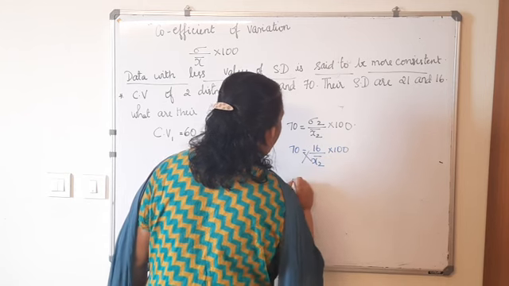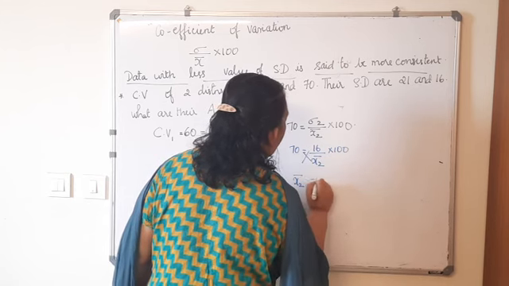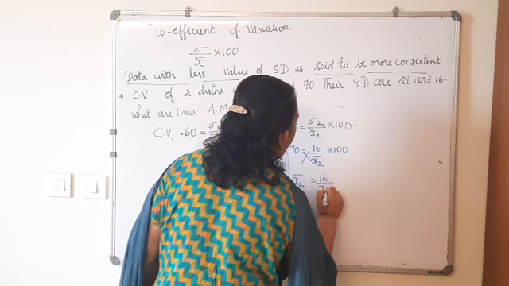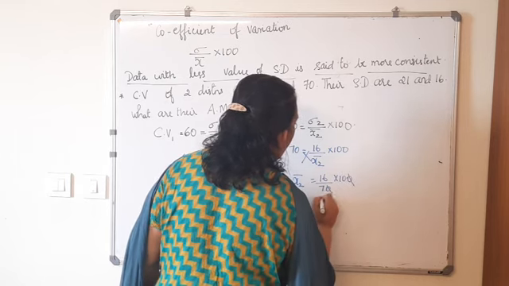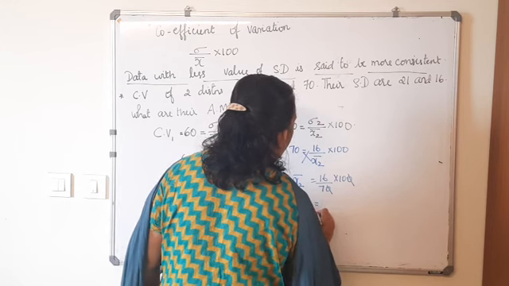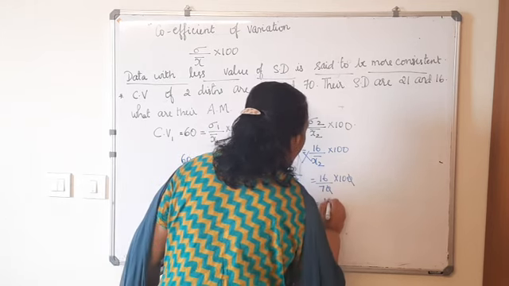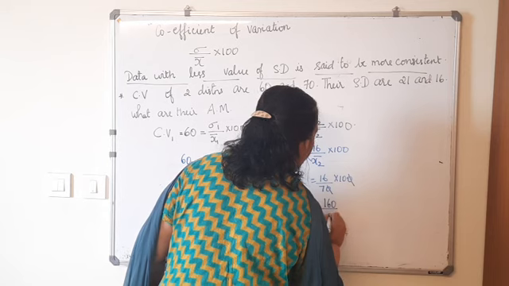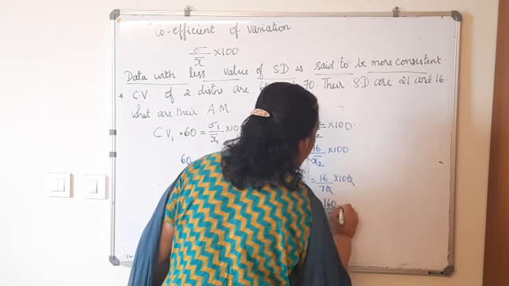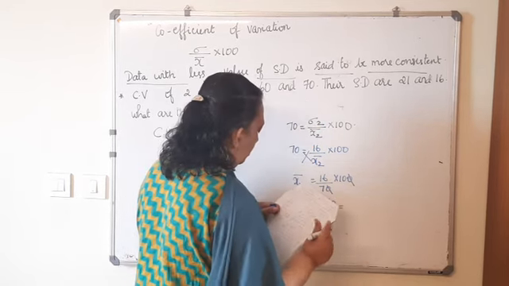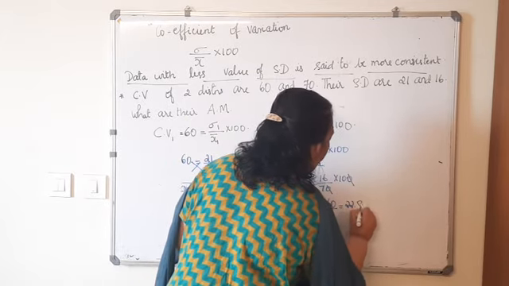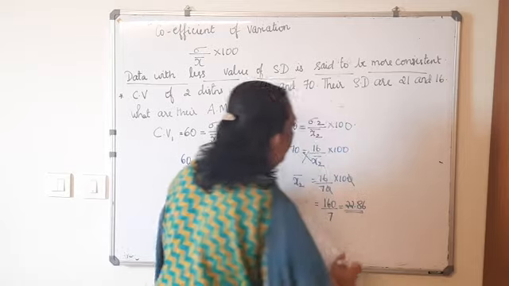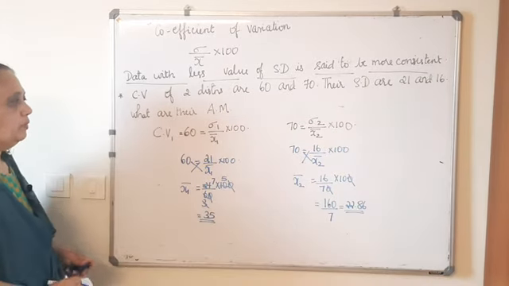Cross multiplying, x2 bar is equal to 16 by 70 into 100, which is 160 divided by 7, approximately equal to 22.86.